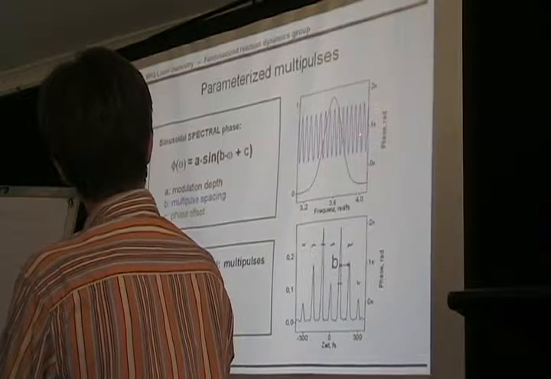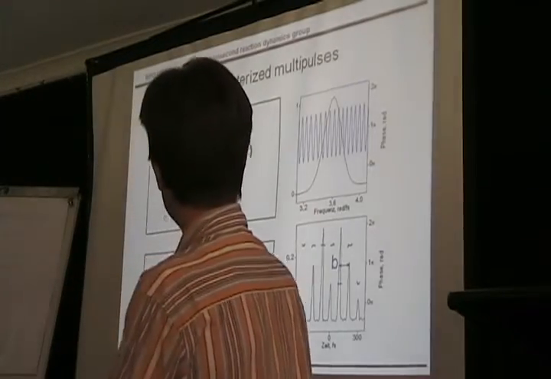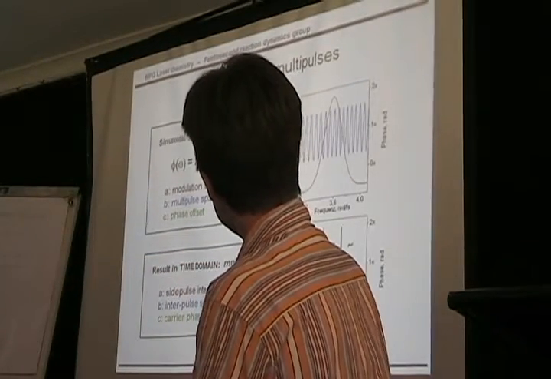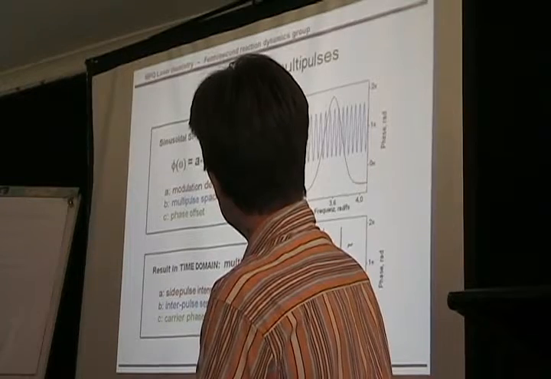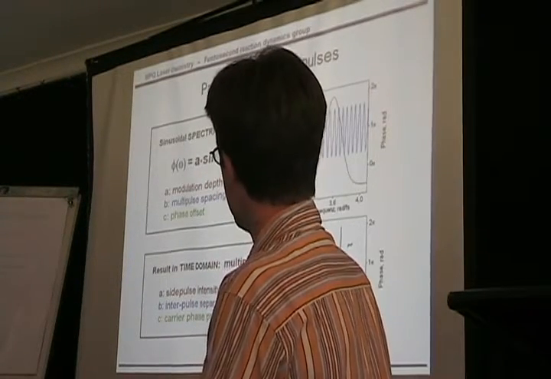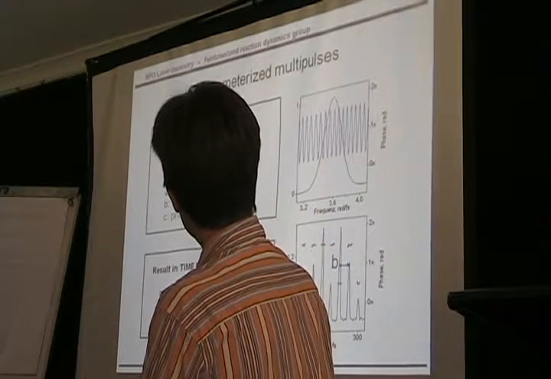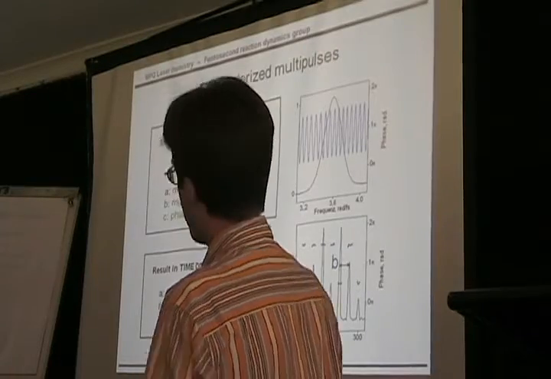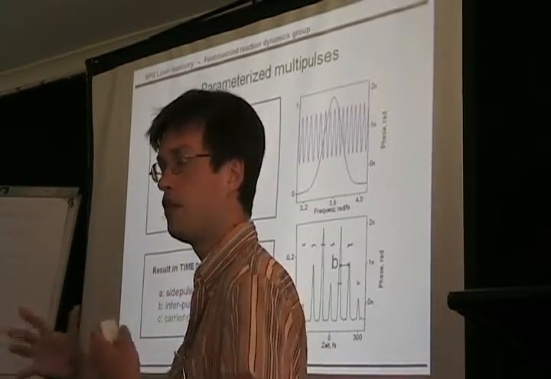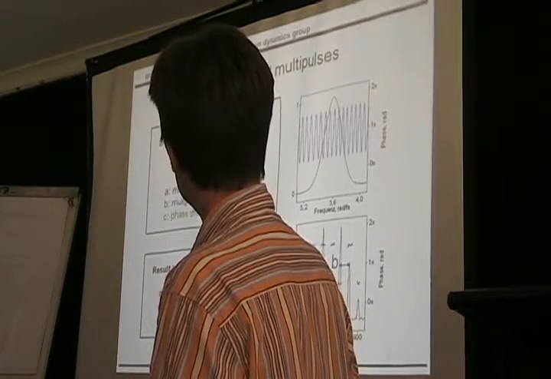This is the spectral phase, and this is the spectral amplitude. Then, in the time domain, shown below, you go from a single femtosecond pulse to a femtosecond pulse sequence. It is a coherent pulse sequence, and this parameter B, which is the spread of the sine phase function, controls the spread of these multipulses.